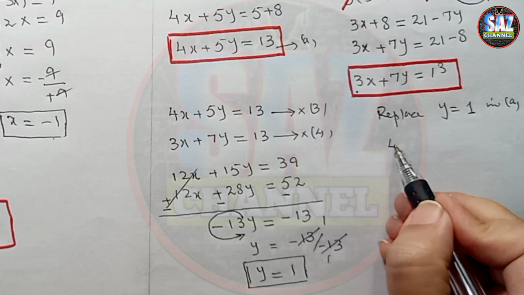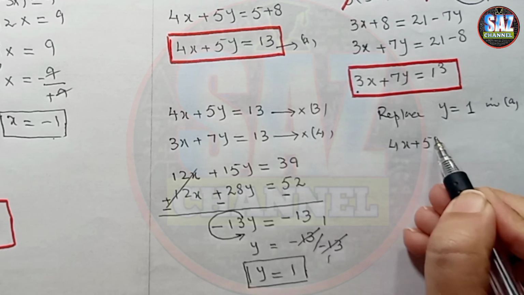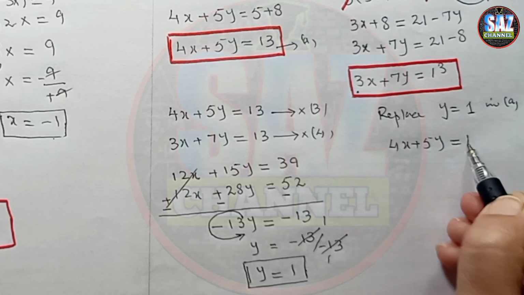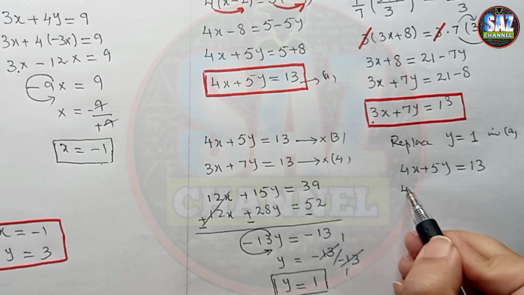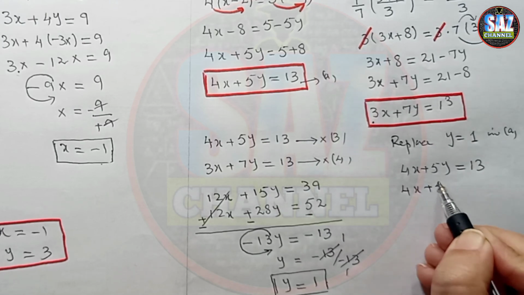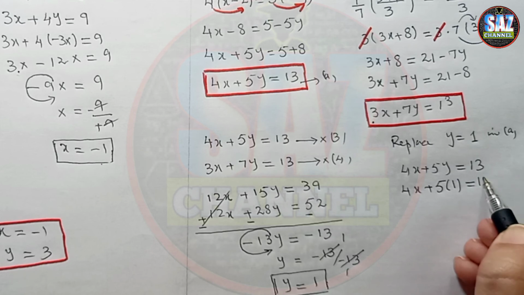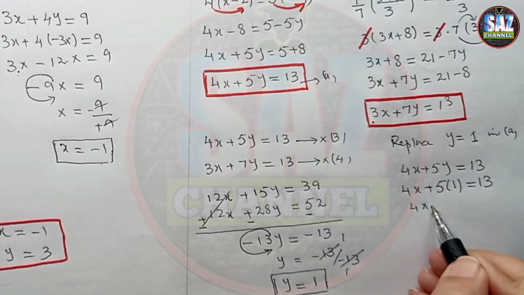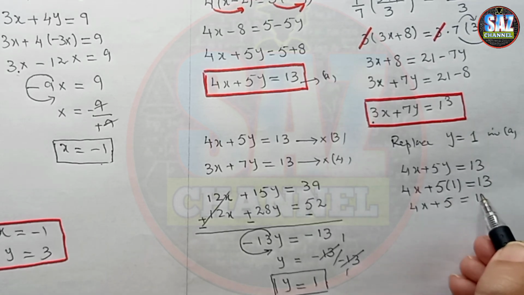So the equation will take the form 4x plus 5y equals 13. Value of y is 1. 4x plus 5 into 1 equals 13. 4x plus 5 equals 13.